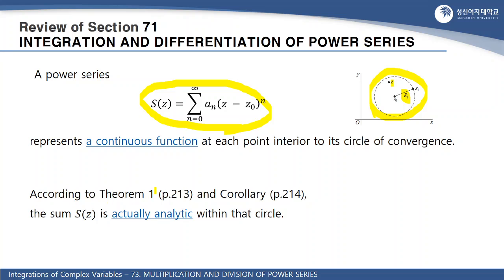According to theorem 1 on page 213 and the corollary on page 214, the sum S(z) is actually analytic within that circle. Okay, this is amazing. So you must remember these two results.